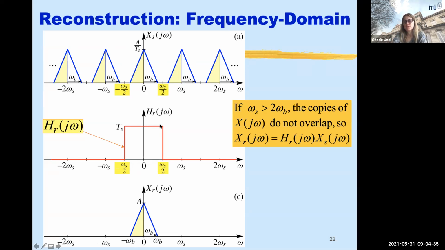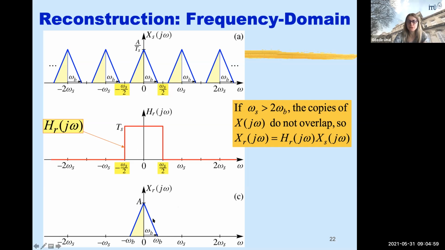And we set its amplitude to TS because here the amplitude of the spectrum was divided by TS, right? We reduced it by that amount. We now amplify it back. You see, what is this X R of j omega? When I go back to the original time signal, can I go back to the original time signal? This is exactly that, right?